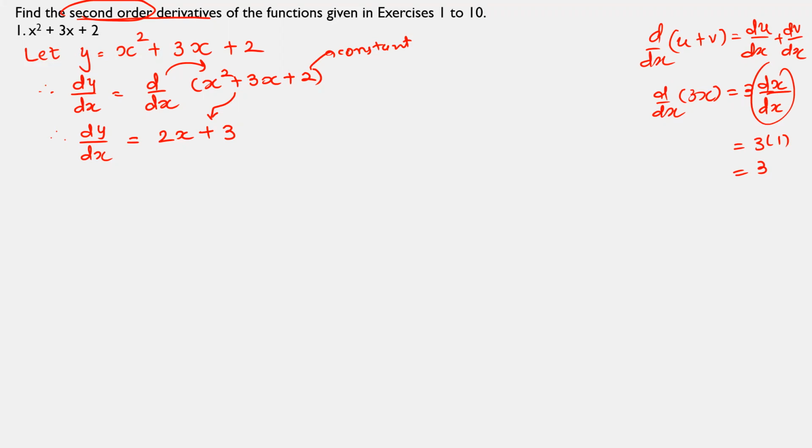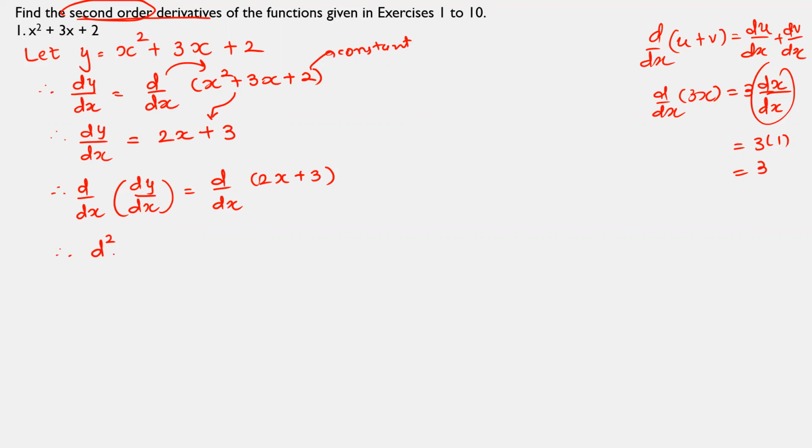This is the first order derivative, but since we have to find the second order derivative, again we are doing derivation on both sides, differentiating both sides with respect to x.